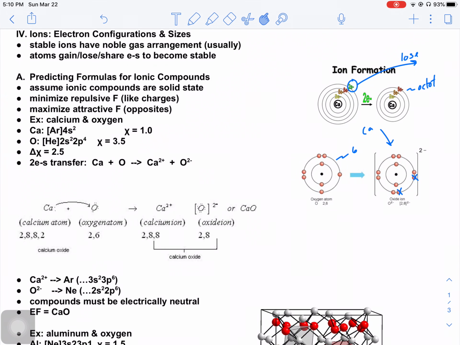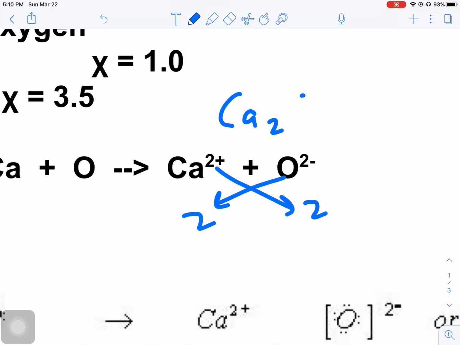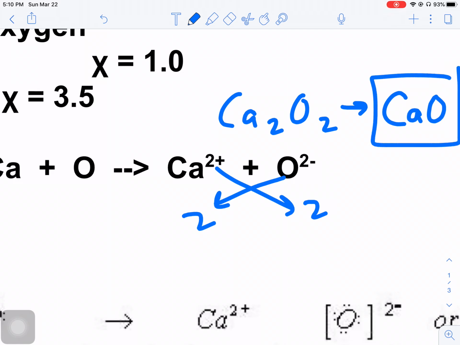Now, if we want to write a formula, I think the simplest way to do that is through the crisscross method. I know you guys have been writing formulas. It's always good to review. So we crisscross and we get Ca2O2. But remember, with ionic compounds, we always reduce it to its lowest whole number ratio, and we would call that its empirical formula. So the empirical formula, or the formula unit, for the ionic compound calcium oxide would be CaO.